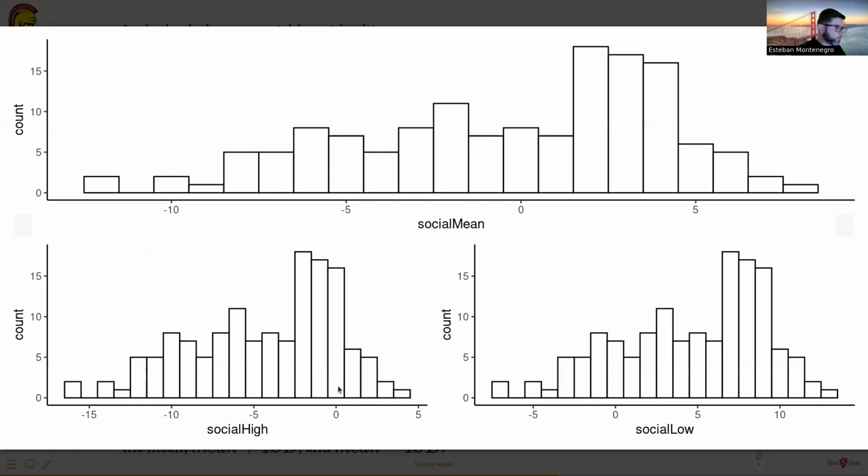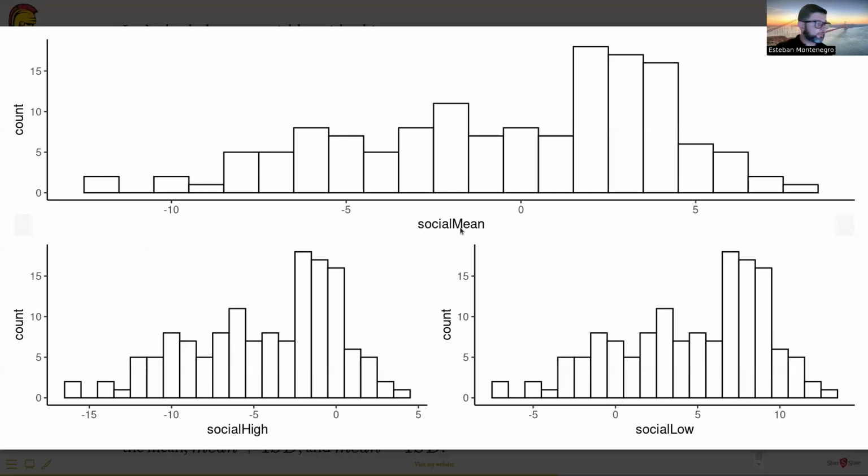And of course, look at that, the zero moves to the right. Why? Because now it's representing how far people are from one standard deviation above the mean, right? That means higher scores. And now the zero, in social low, is moved to the left. Why? Because here we are capturing how far people are from one standard deviation below the mean, right?